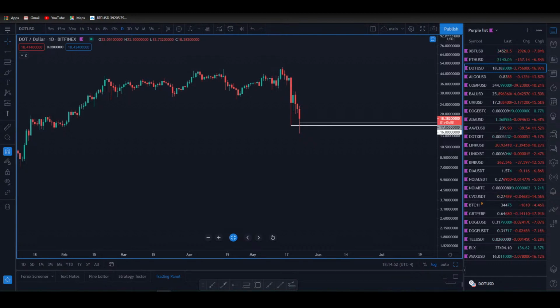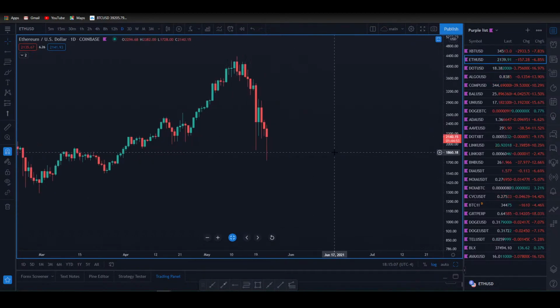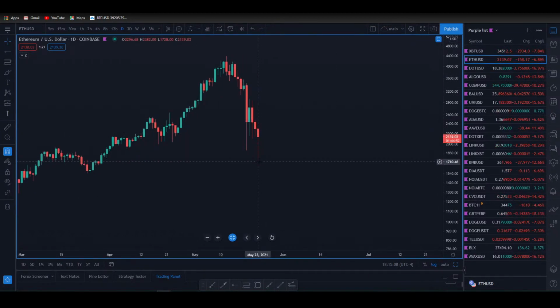ETH touched 1728 today, just under where I sold it to buy Bitcoin 2 days before it mooned. Yeah, ETH looks bad. ETH took out that low, but looks like you're getting that bounce. So this is just a pressure move. This is just to make people panic sell even higher, especially people that took a long on that capitulation low.